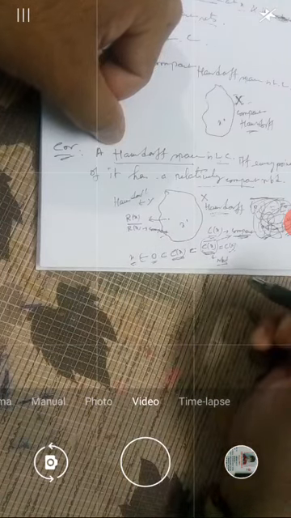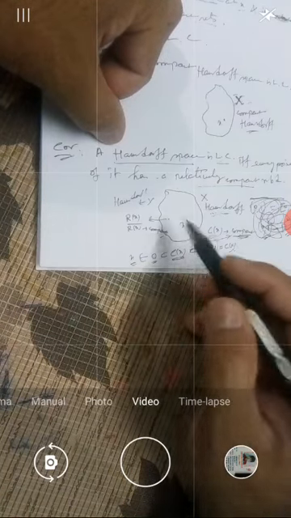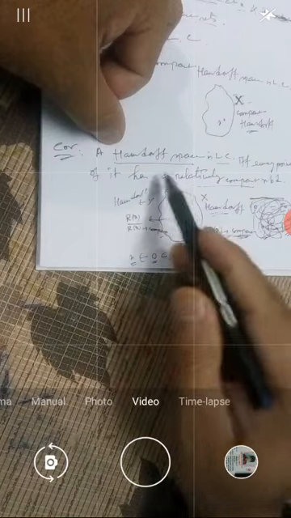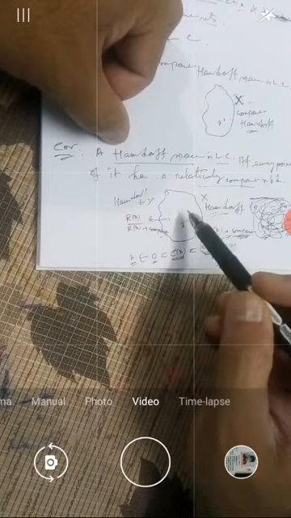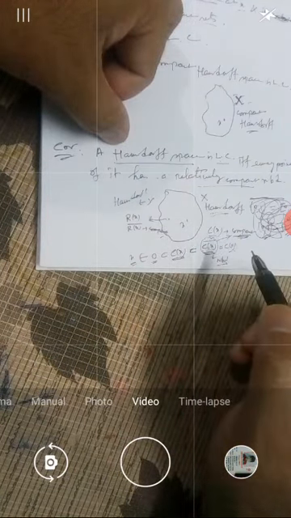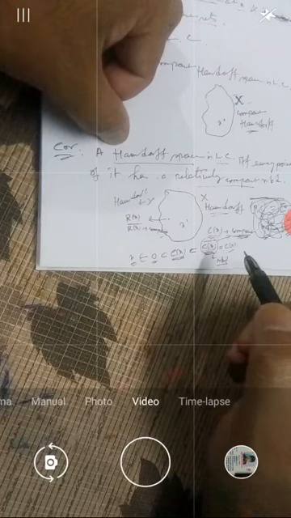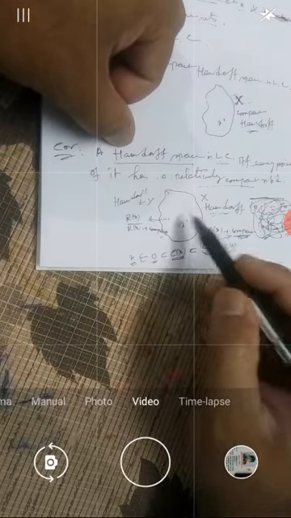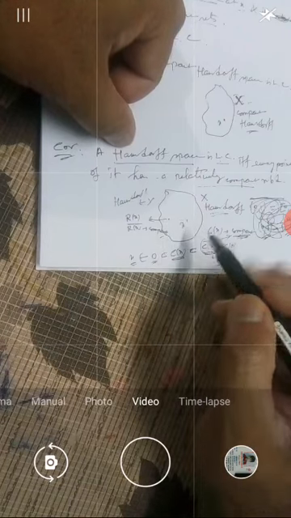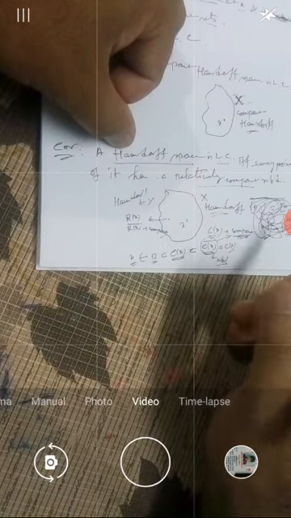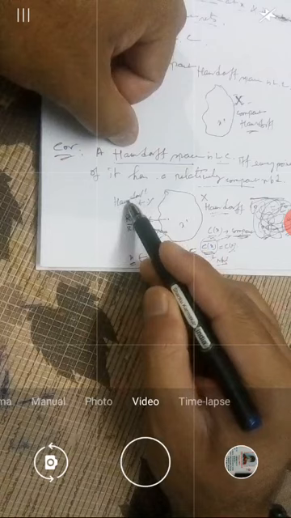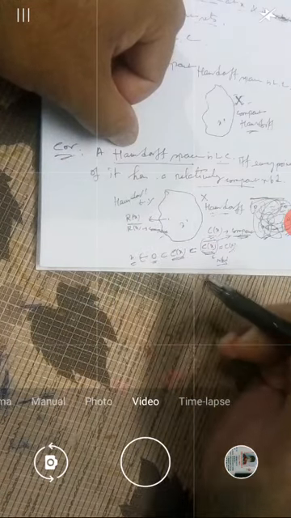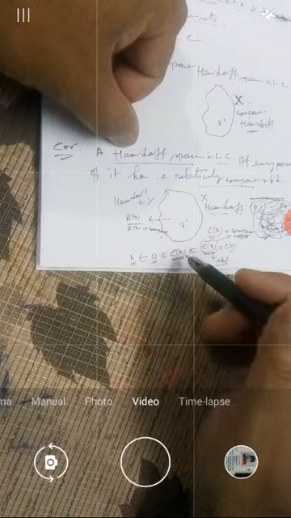We have to show that this space is locally compact. So this is Hausdorff, and every point of it has a relatively compact neighborhood.